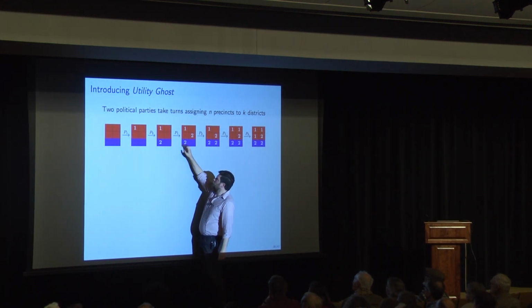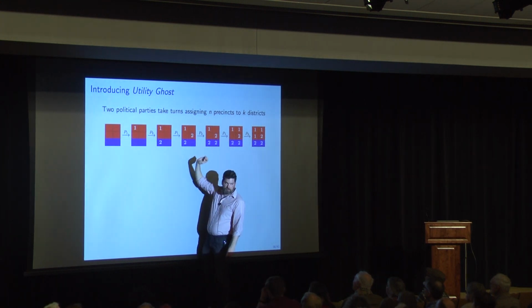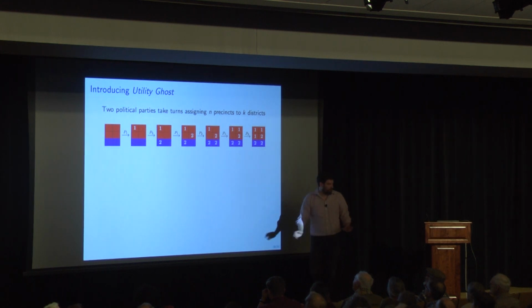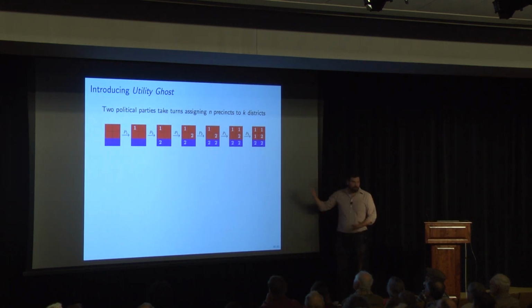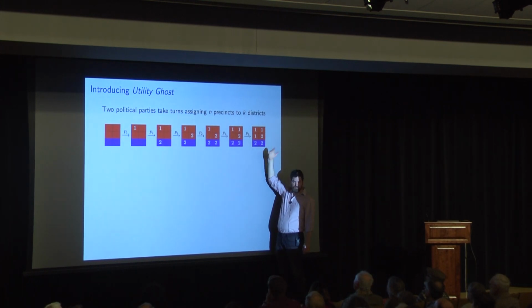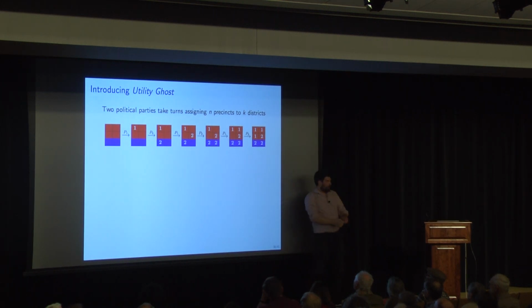The first player responds by sending this precinct to the second voting district, etc. Okay? In the end, you get a breakout of your precincts, in this case into 2 districts. You got 1 and 2. 1 is majority red, and 2 is majority blue. Okay?